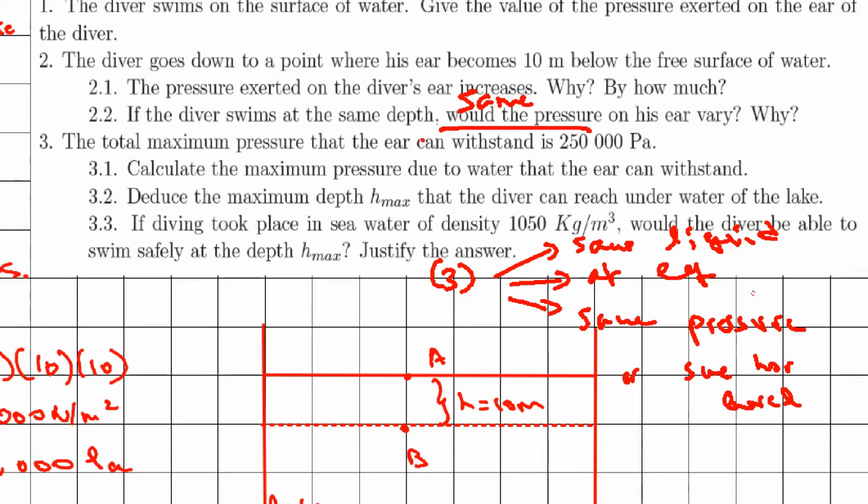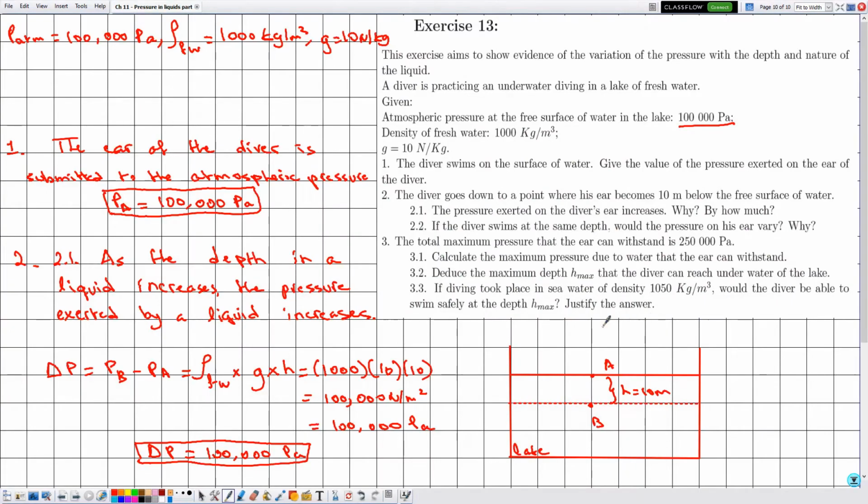Since here we are interested in justifying why the pressure would be the same, because we are interested in the same depth, we will eliminate this, and our answer would be: because the diver is swimming in the same liquid at equilibrium and in the same horizontal level, then in this case the pressure exerted on his ear will not vary, which means it remains the same.